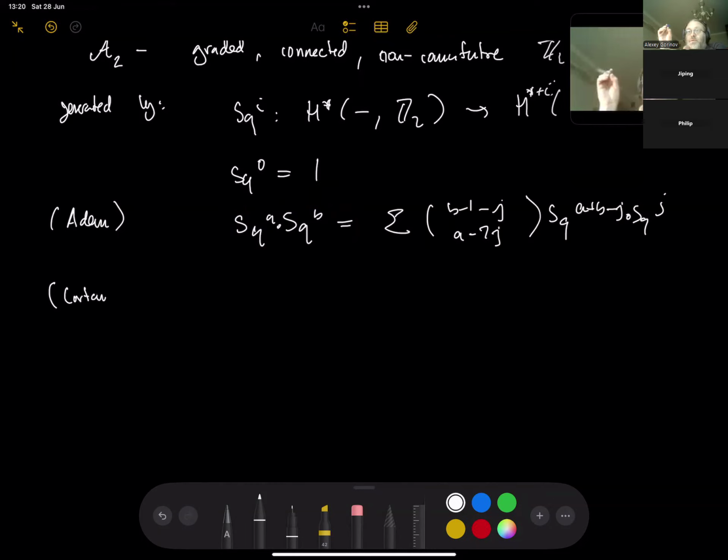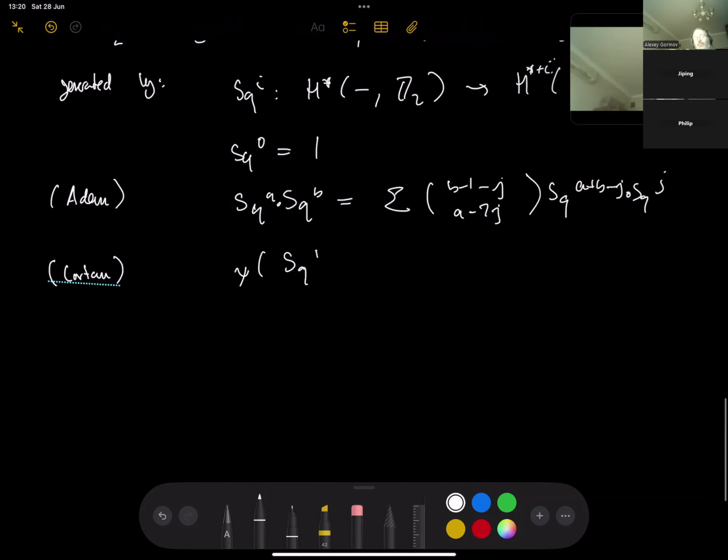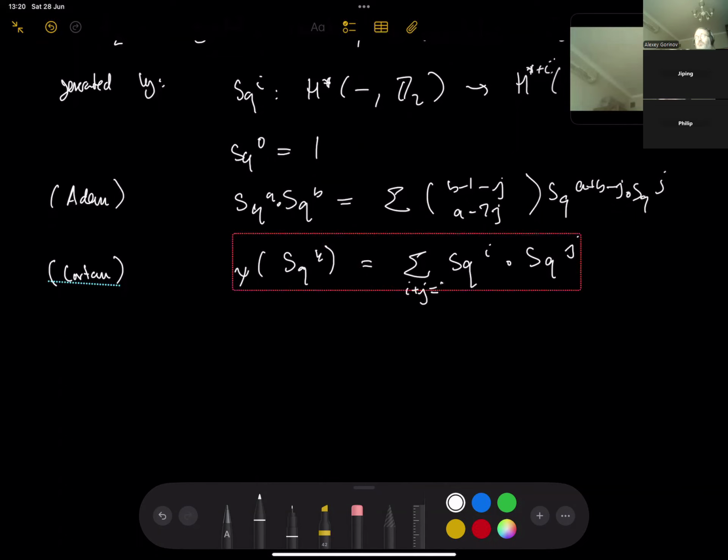It's also got a co-product given by the Cartan formula. So Sq^k gets mapped to the sum of Sq^i tensor Sq^j for i plus j equal to k. Here it's multiplication, and so this is a tensor product.